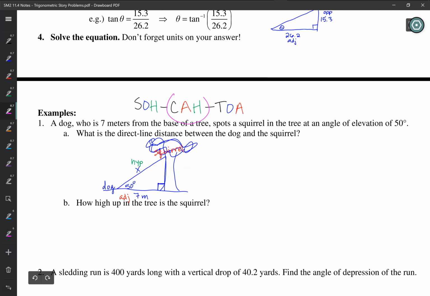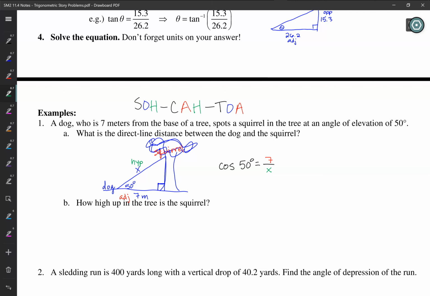That means I'm going to use cosine, adjacent and hypotenuse. So the cosine of 50 degrees will equal the adjacent side, which is 7, divided by the hypotenuse, which is x.